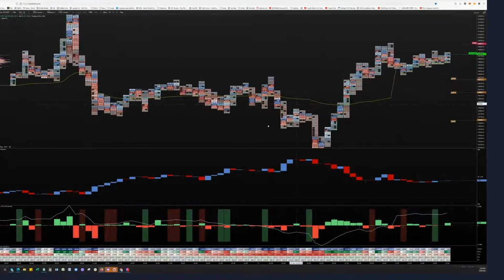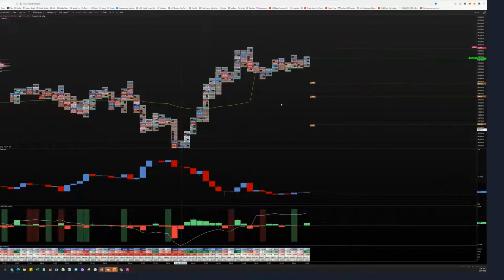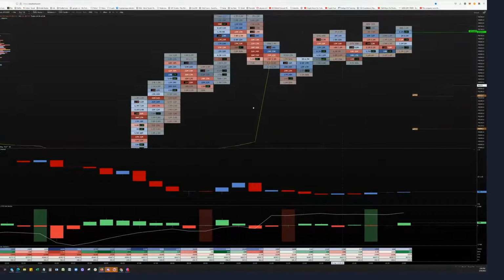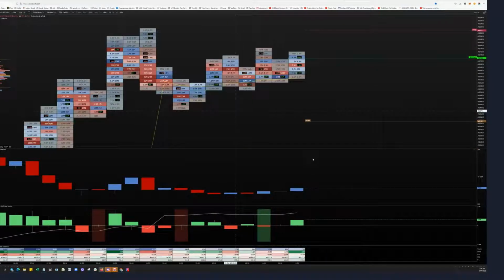What it does is show the orders coming in. The blue bars are bullish orders coming in, and the red ones are pretty much sells. You can see the numbers. This one's based on Binance futures, and at the moment nothing significant is coming in.